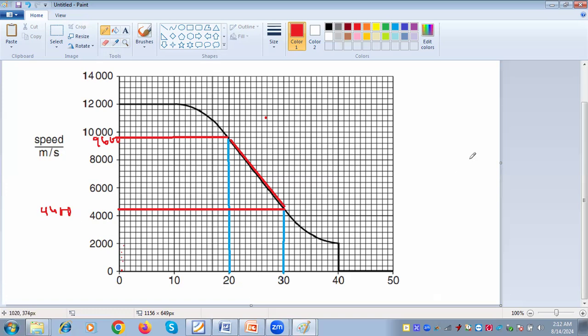So the time interval is 10. Acceleration is delta V over delta T. A equals 9,600 minus 4,400, divided by 10.